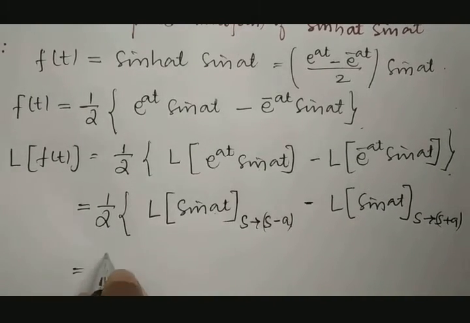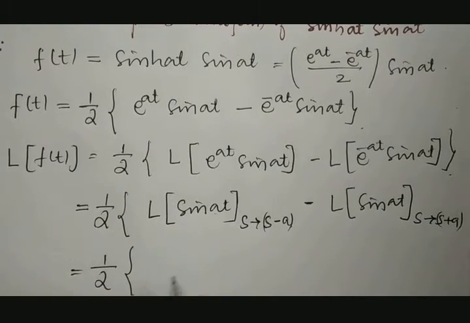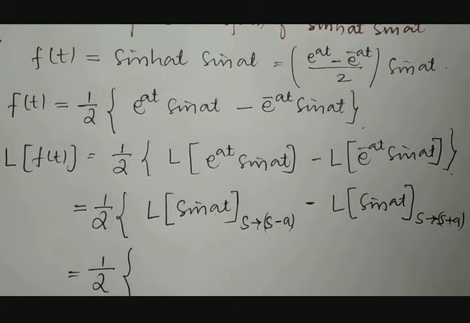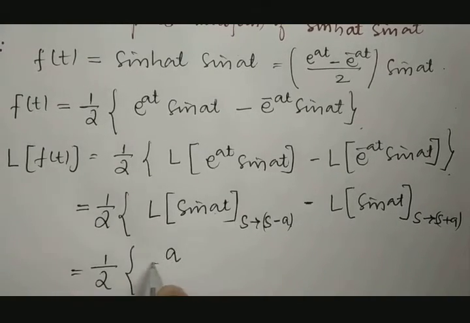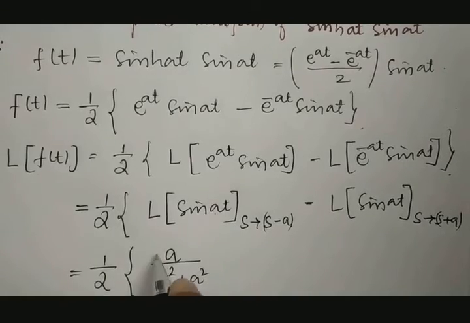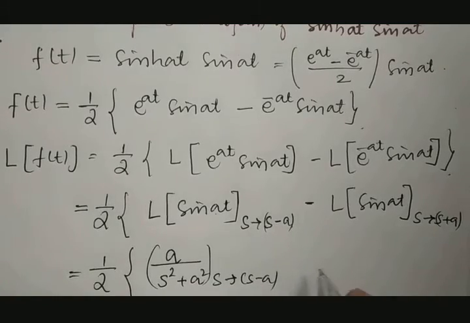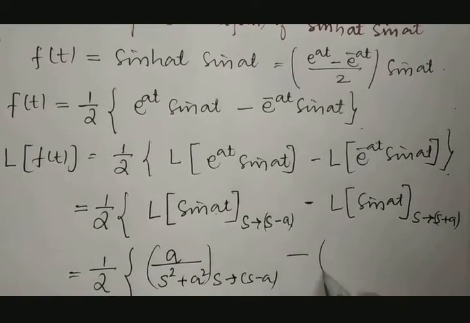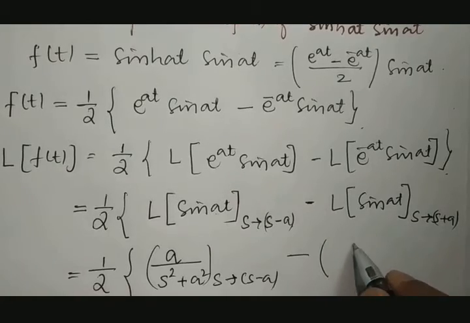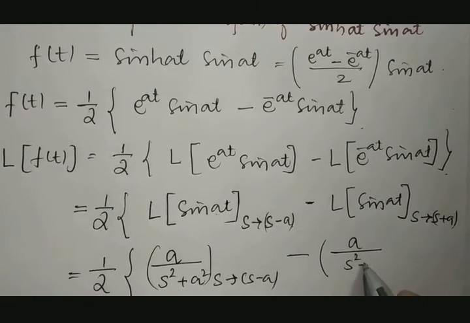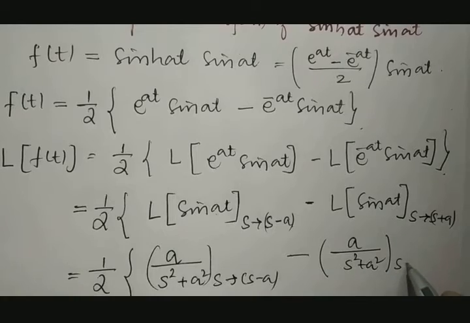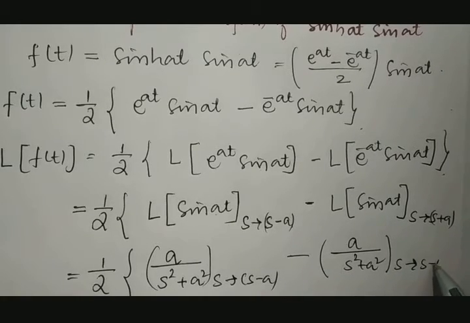So this is equal to 1 by 2 into, what is the Laplace transformation of sine at? It is already known, that is a divided by s square plus a square, where s is going to be replaced by s minus a. Similarly here, the Laplace transformation of sine at is a divided by s square plus a square, where s is going to be replaced by s plus a.